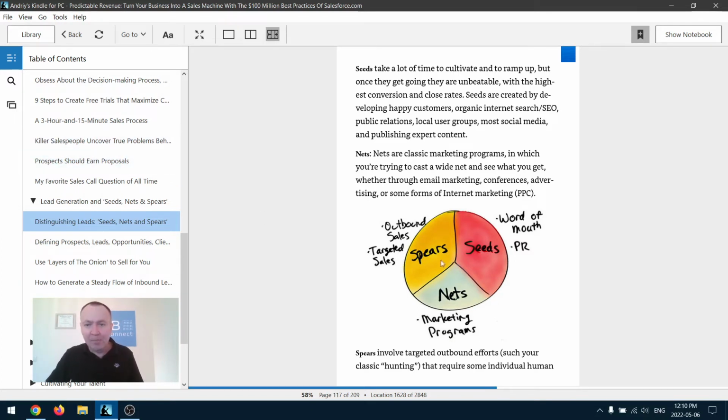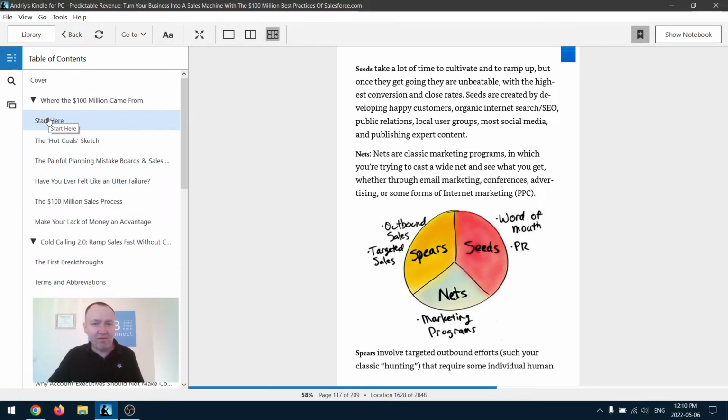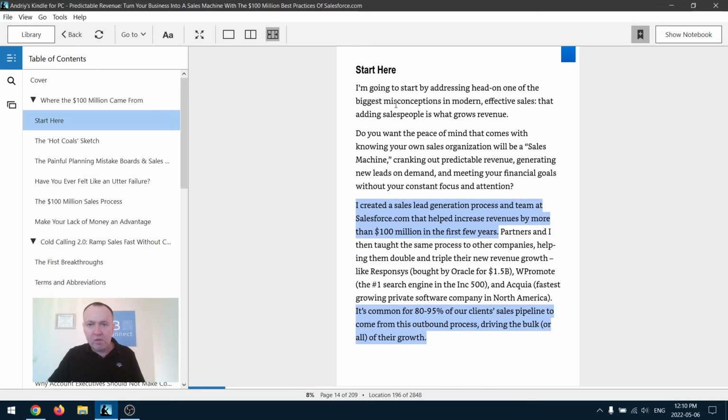And as a further example, other than just looking at this chart, let's have a look at the very beginning of the book. I think I have a bookmark here. Yep. So start here, and Aaron shares his experience of working at Salesforce. If you dive a little bit deeper, what happened is Salesforce had a marketing program. People were reaching out to them, but they were low-value customers. What Salesforce.com wanted to do was reach out to Fortune 5,000 companies, big companies, and start doing business with them.